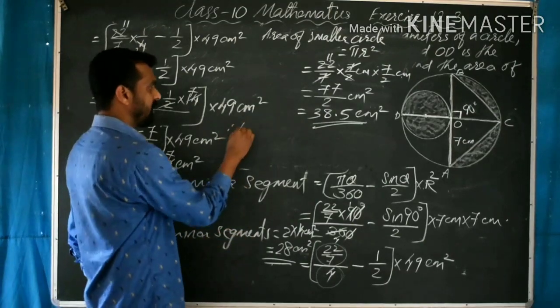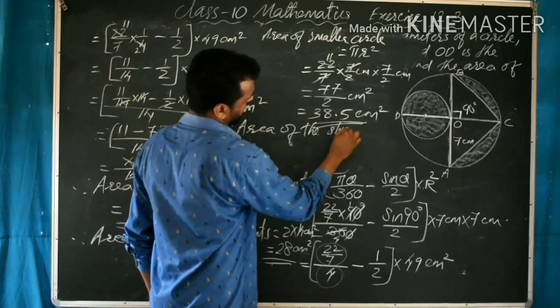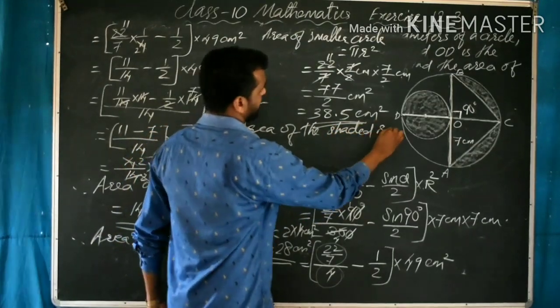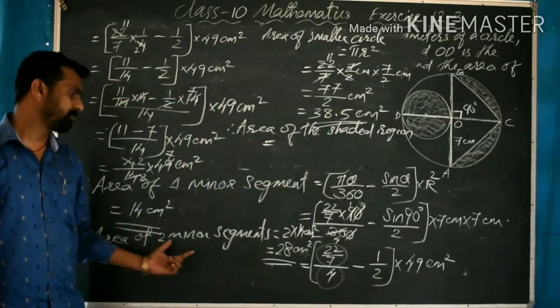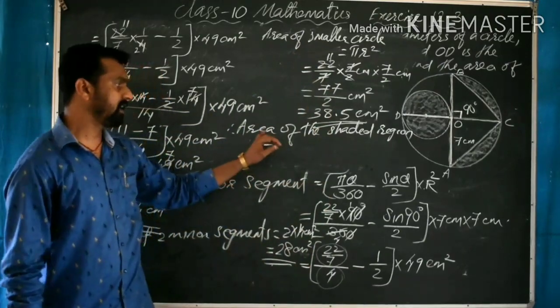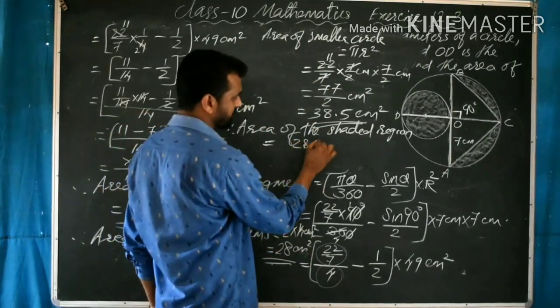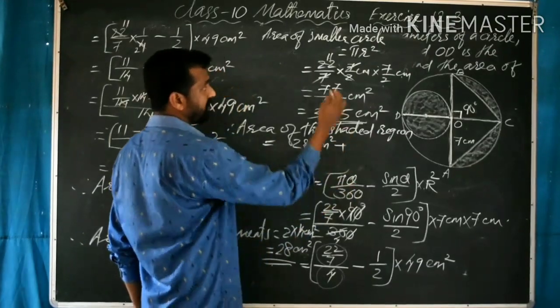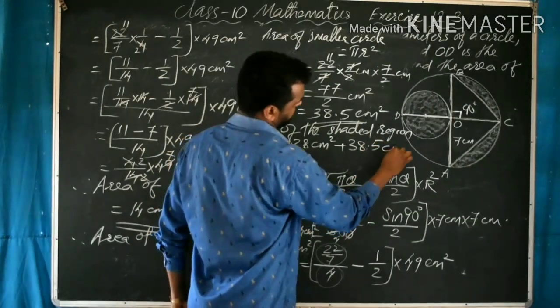Therefore we can write area of the shaded region is equal to area of two minor segments plus area of the smaller circle. Area of two minor segments is equal to 28 centimeter square plus area of the smaller circle, we got here 38.5 centimeter square.